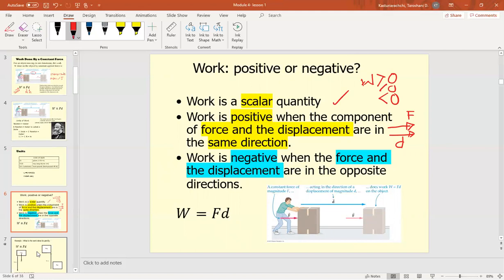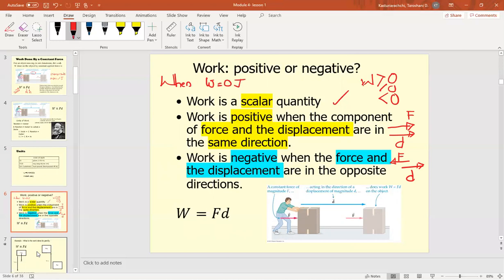On the other hand, let's say your force is this way, and displacement is the other way. We'll look at examples later. Force and displacement are opposite. In that one, you get a negative work. Also, how do you get 0 work? There are some possibilities.